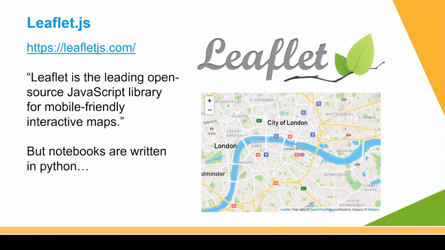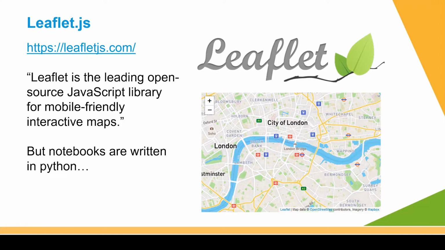OpenStreetMap uses it, and many respectable publications use it. It's a very convenient library to be able to embed maps in web pages. We don't need to know all that much about it, but this is what we are using to actually create the maps.